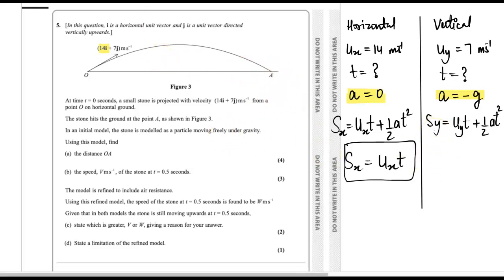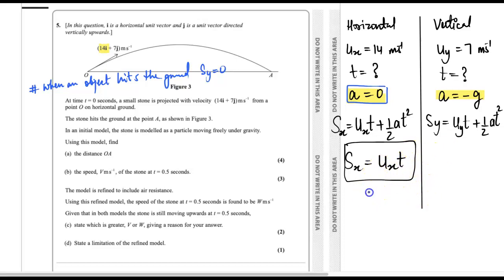You can make a note of this: when an object hits the ground, then Sy is going to be 0. Your ax is always 0, that means acceleration for the horizontal movement is always 0. Acceleration vertically is always minus g. You can keep these as bullet points.